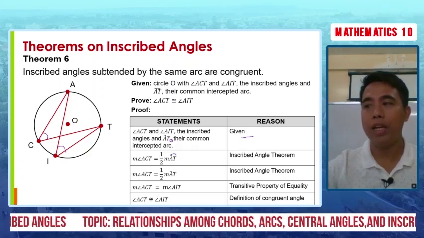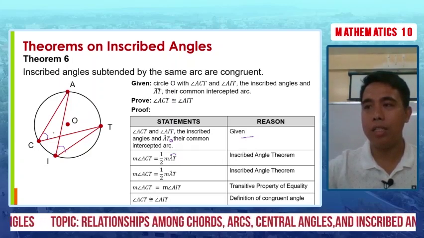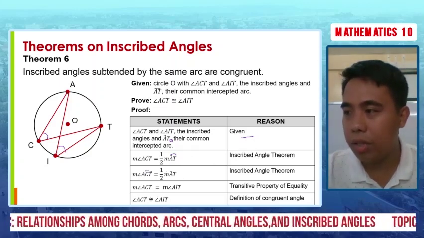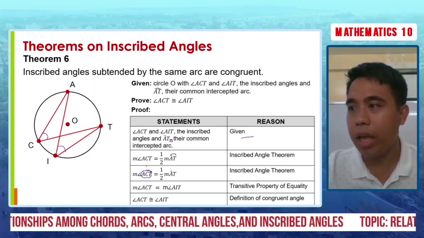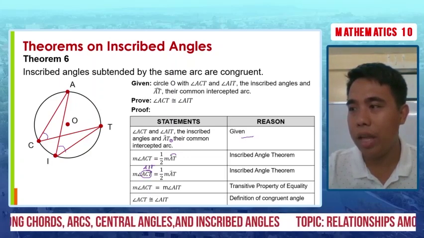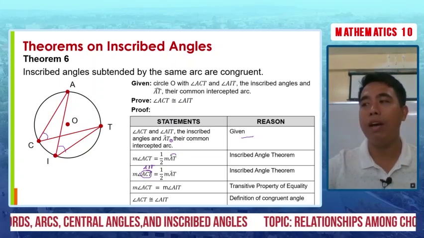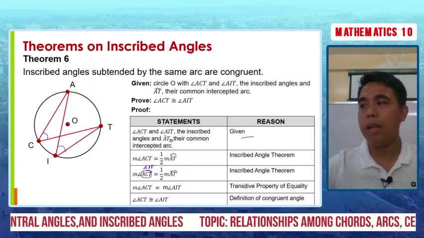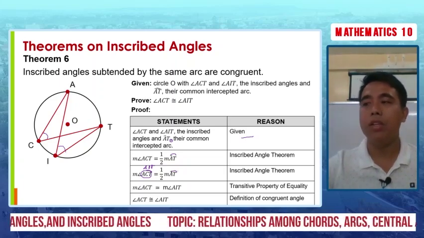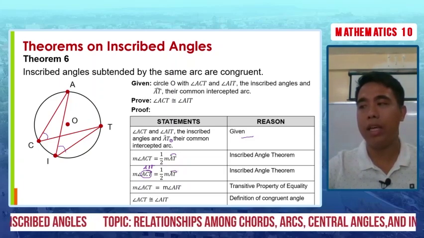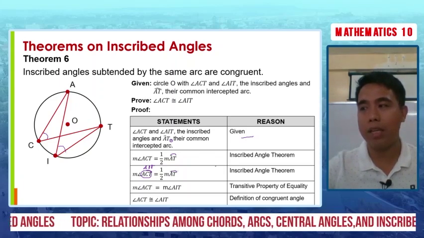The measure of angle AIT, correction, is also equal to 1/2 the measure of arc AT, by the inscribed angle theorem. So the measure of angle ACT is equal to the measure of angle AIT by transitive property.